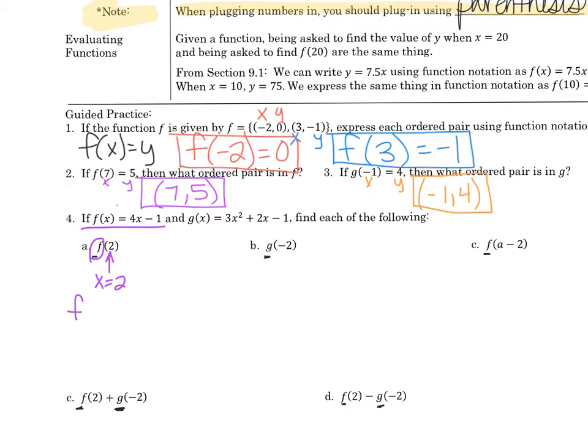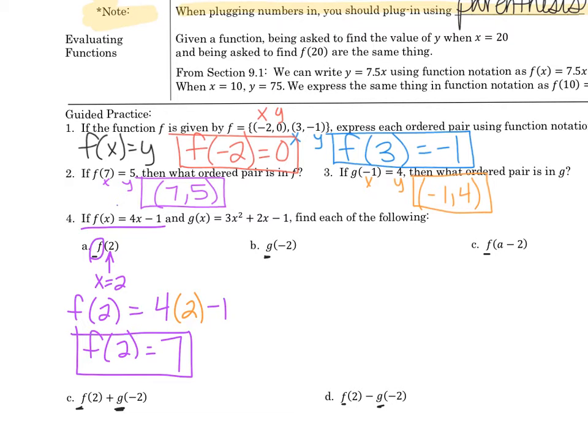It's literally like substituting the 2 in for the x. We use parentheses. So f of 2 is 7, because 4 times 2 is 8, 8 minus 1, 7. Cool beans.